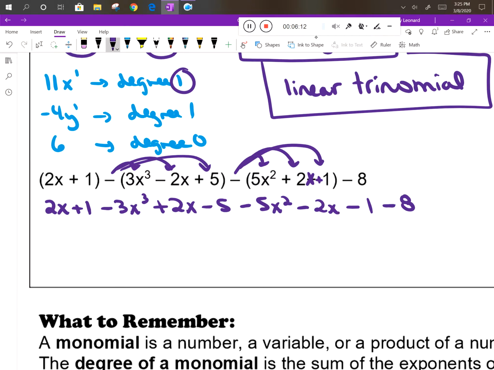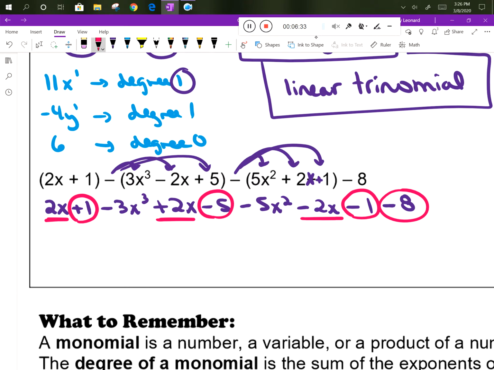And now we're going to do like we did before. We're going to go ahead and look for like terms. So I see a 2x, another 2x, and a negative 2x. Those are all terms that just have an x. I see the number 1, the number negative 5, the number negative 1, and the number negative 8.